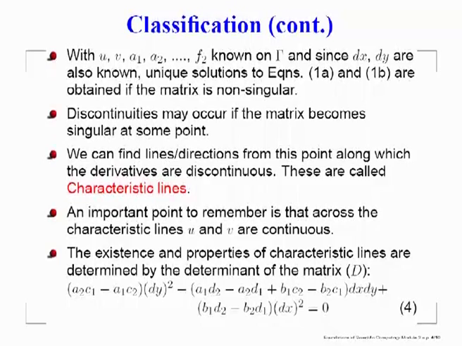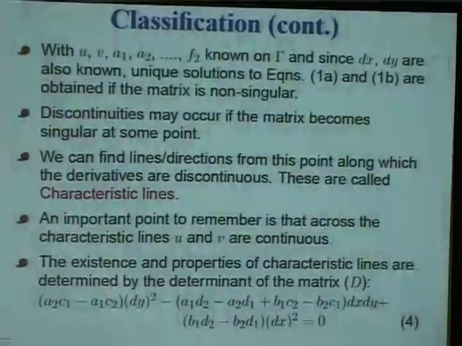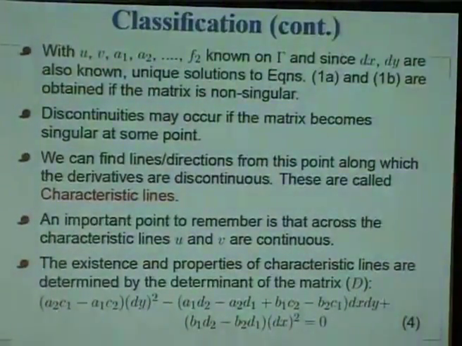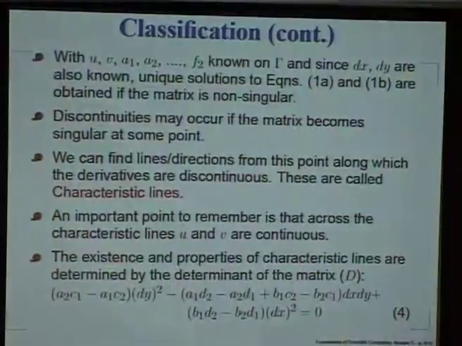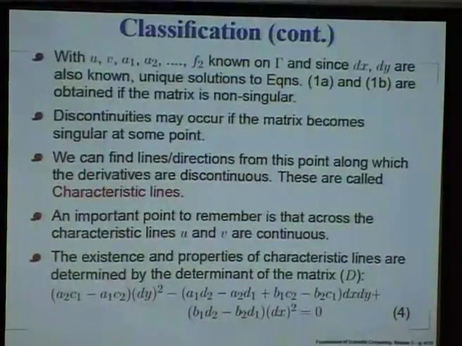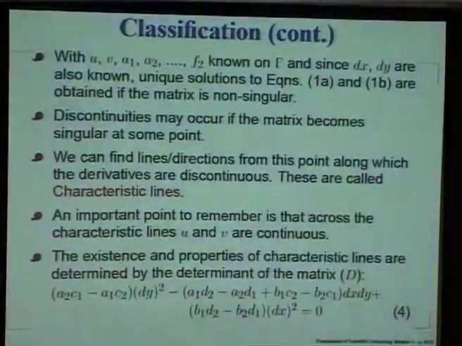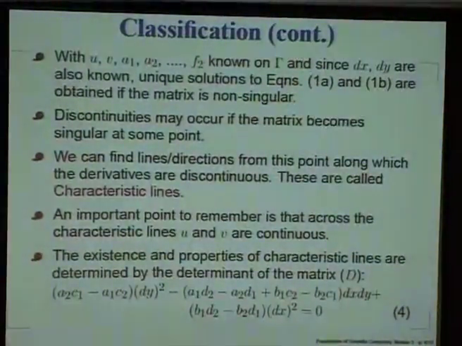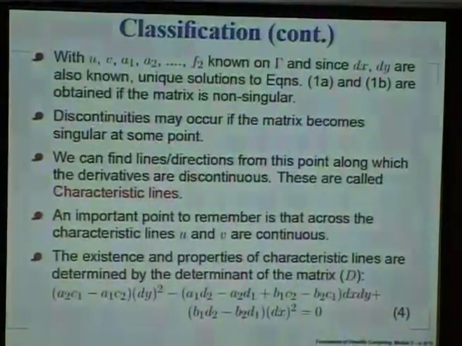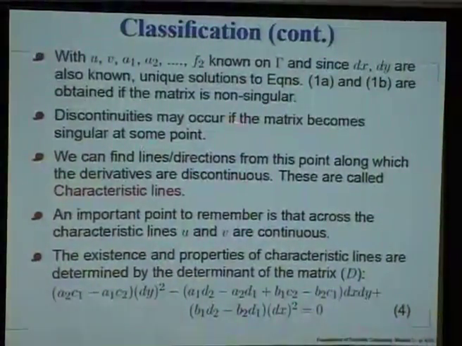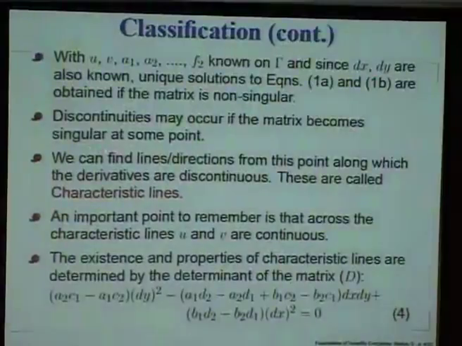Stated another way, if the matrix is singular at some point or some part of the domain, we cannot uniquely determine this quantity, and that would amount to acknowledging that we have some kind of discontinuities. The discontinuities will occur whenever your matrix is singular.